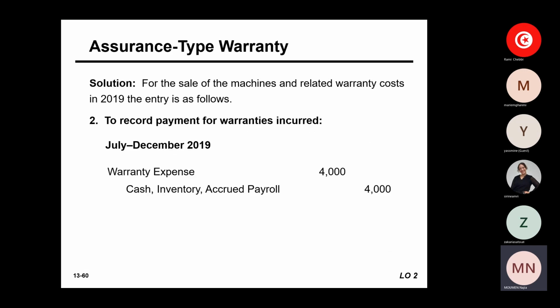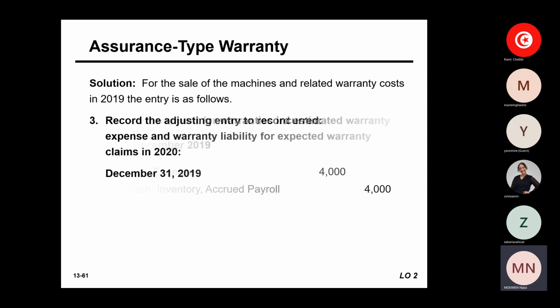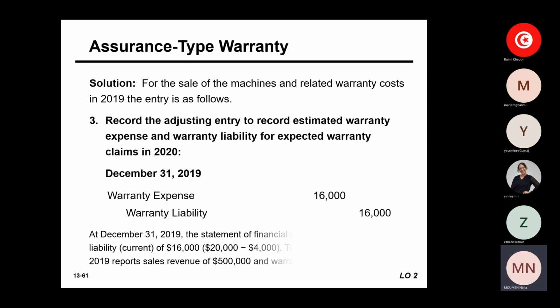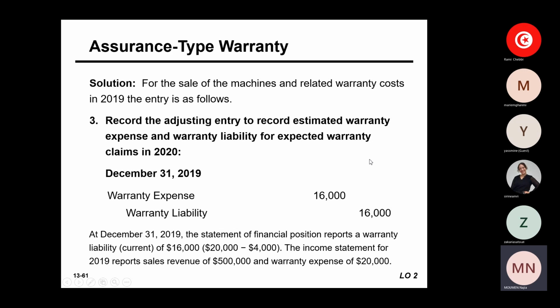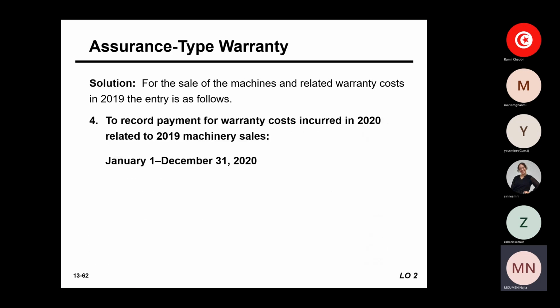You see here we have just an expense and we just credited maybe accrued account payable, inventory, cash, or whatever. So that's the main remark. So December 31, what will the statement of financial position show here? We have a warranty liability, current, of 16,000, and of course for the income statement we have what? Warranty expense of the entire year of 20,000, because they have the 16,000 and the 4,000, and we have also sales revenue of 500,000.